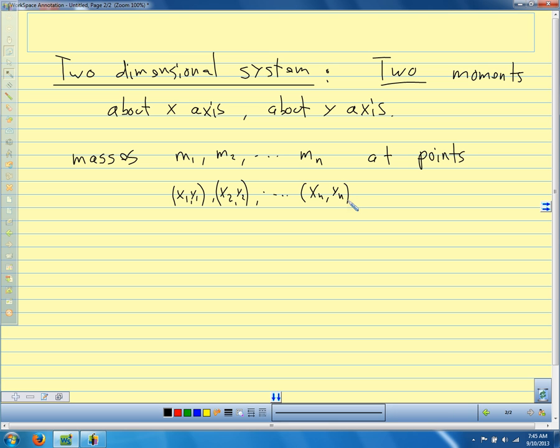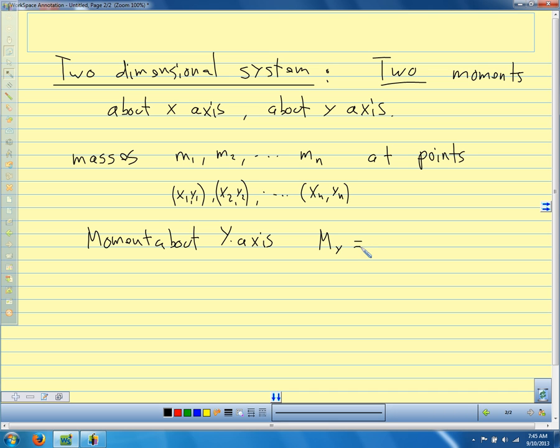The moment about the y-axis. So this is where we need to pay a little more attention. So for a mass situated at a point, I'm going to write this m sub y. What's the distance of a point from the y-axis?